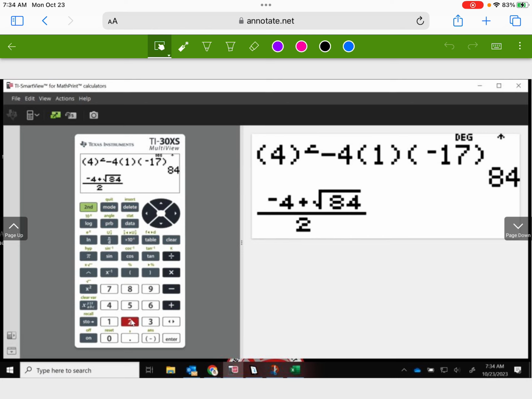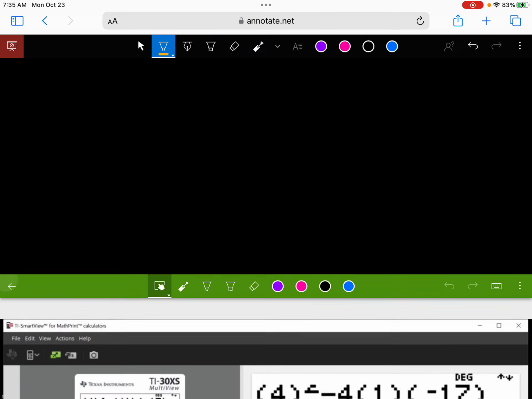If I tried to type all of this gobbledygook into my radical, while the calculator can do it, it's really hard to make sure that I typed it in right without looking at it. And this is going to give us our simplified radical form, because it takes our radical and simplifies it, and it takes our fractions and simplifies it. So one of our answers is square root of 21 minus 2.